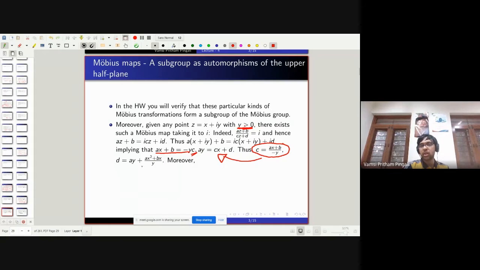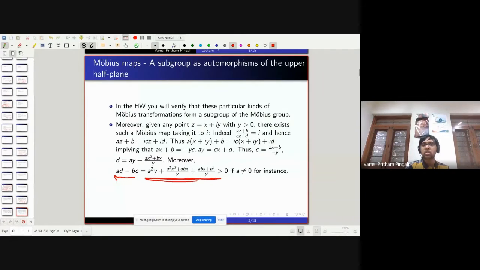You can say it's ay plus this. Moreover, ad minus bc is whatever this is. This is always positive if a is non-zero, for example. So if we choose some nice numbers, then this does the job. This does what you want. Okay.